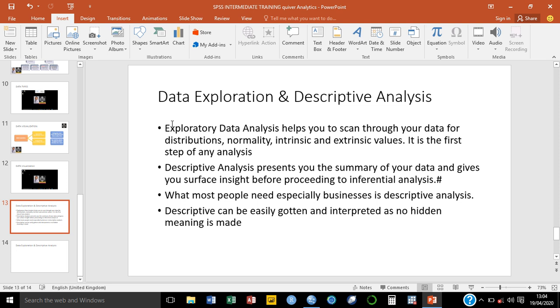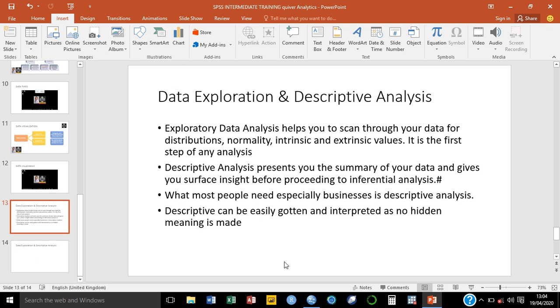Not every challenge, not every problem needs tough analysis. So sometimes performing a descriptive helps you a lot in seeing what is obtainable from your data. Descriptive can be easily gotten and interpreted as no hidden meaning is made.